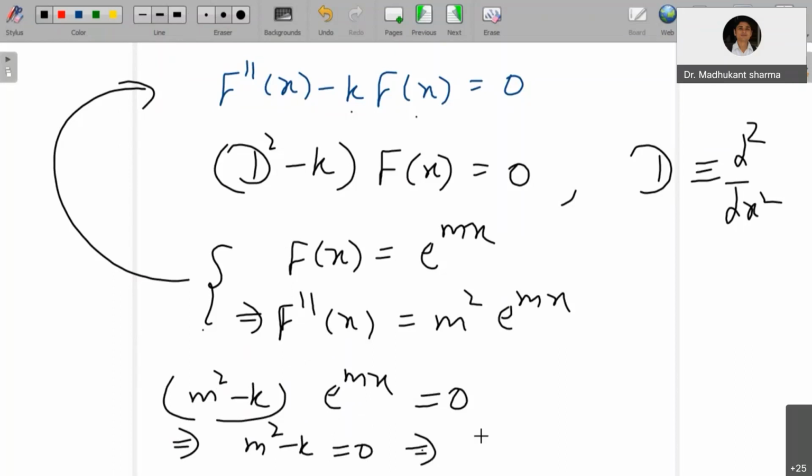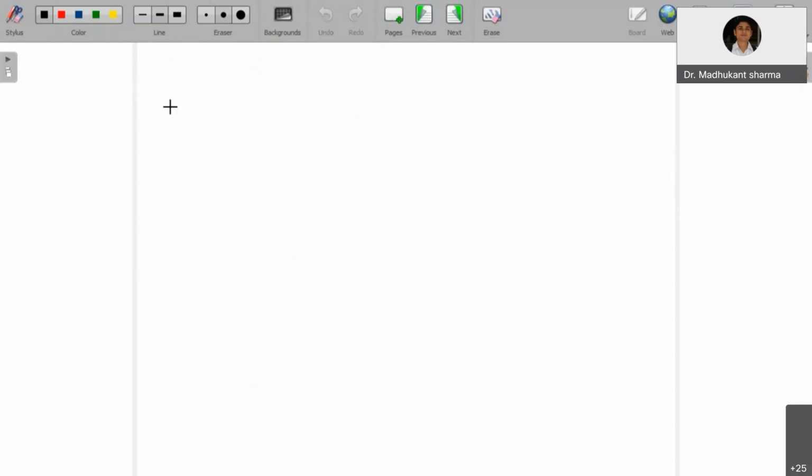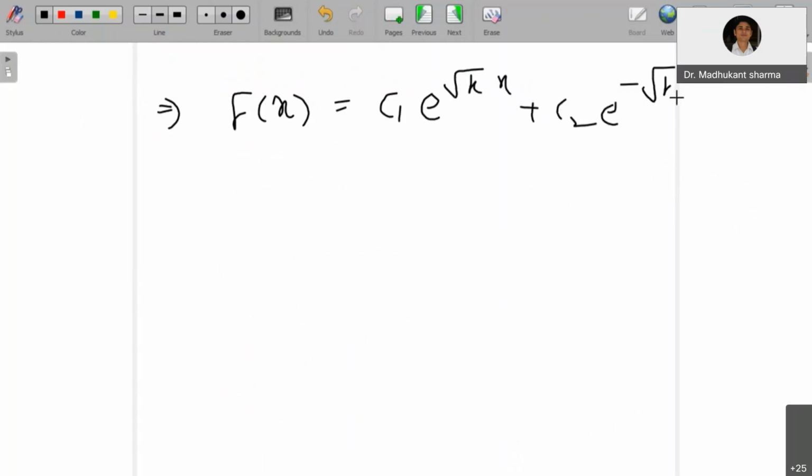This implies m is equal to plus minus root k. So this implies f of x is equal to c1 e to the power root k x plus c2 e to the power minus root k x.